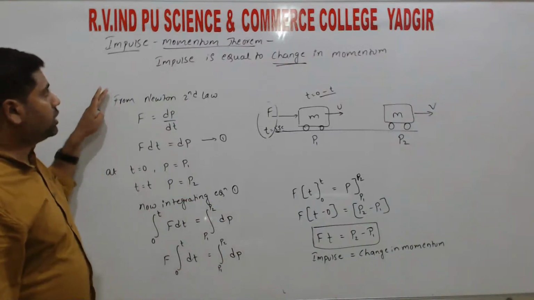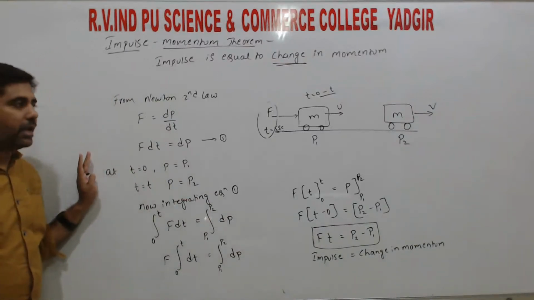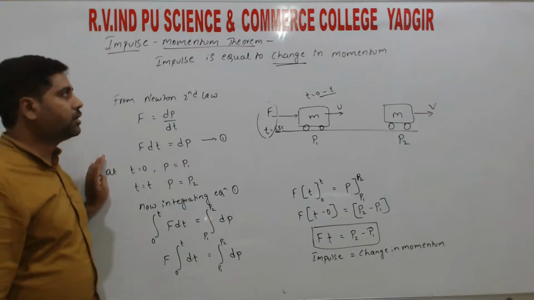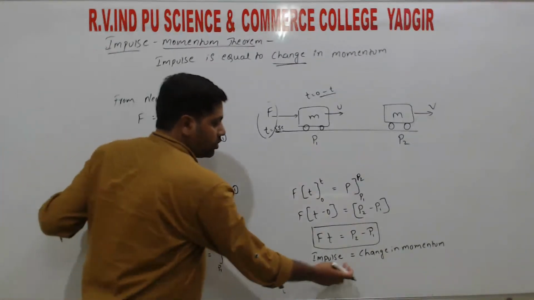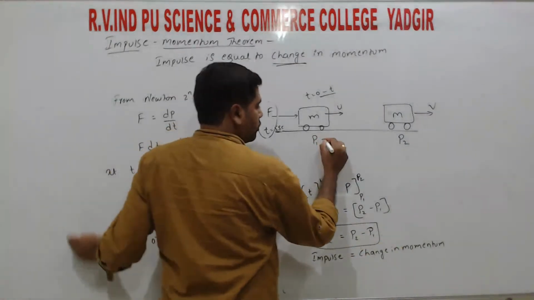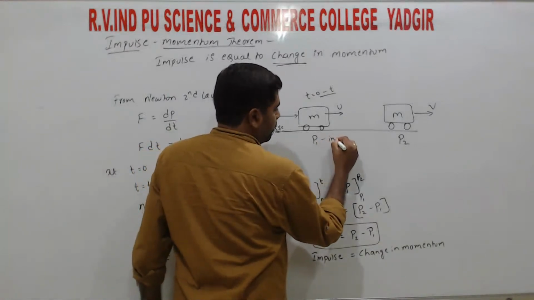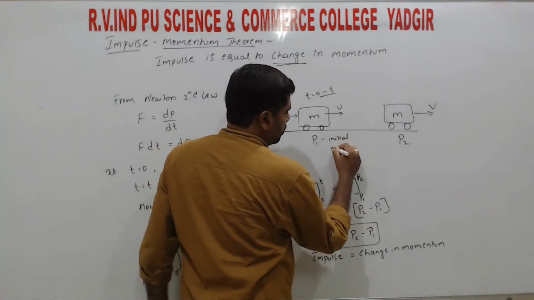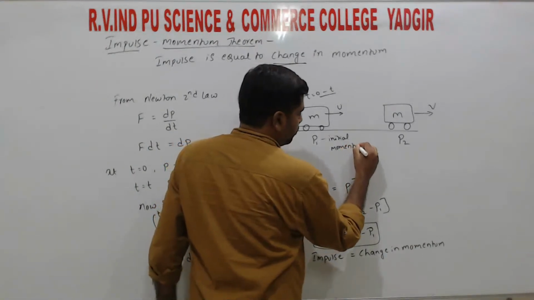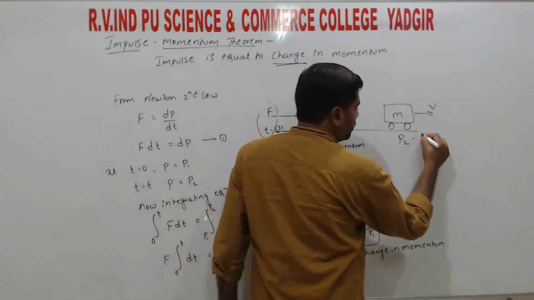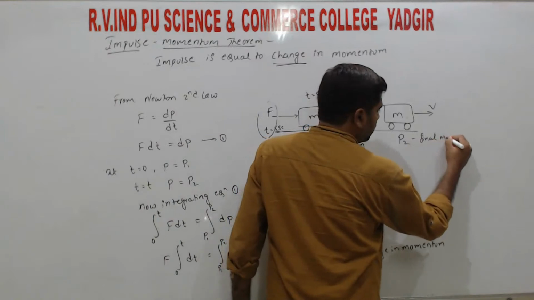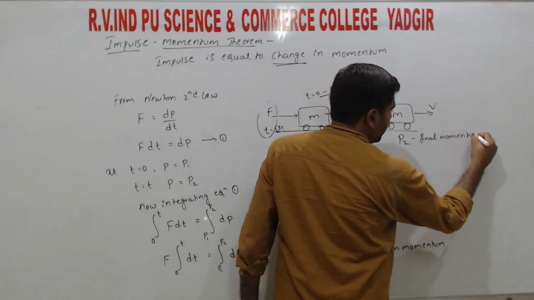So this is about the impulse momentum theorem, right? Impulse is equals to change in momentum. So here P1 is the initial momentum and P2 is the final momentum.